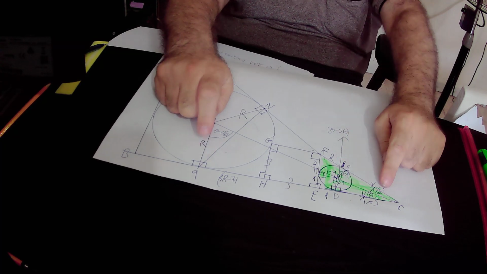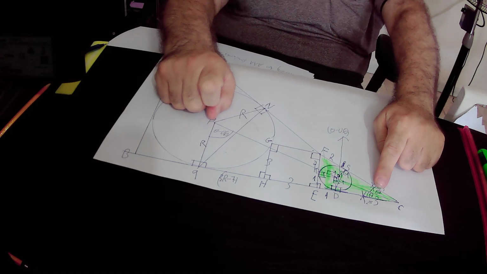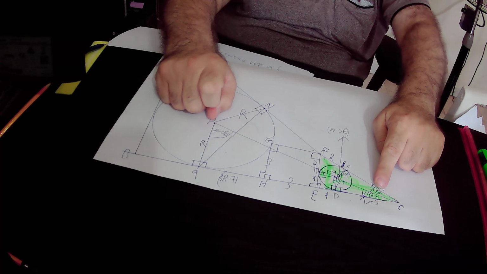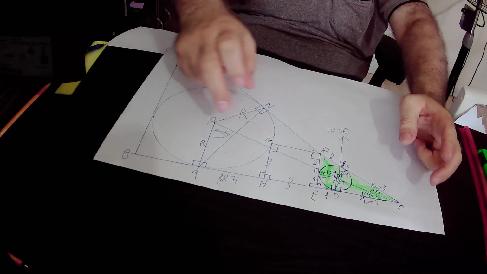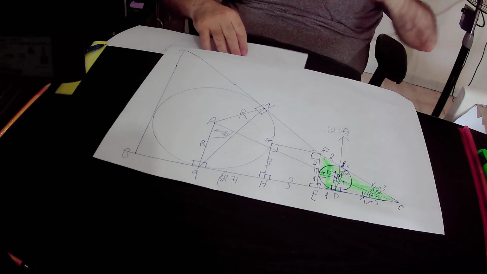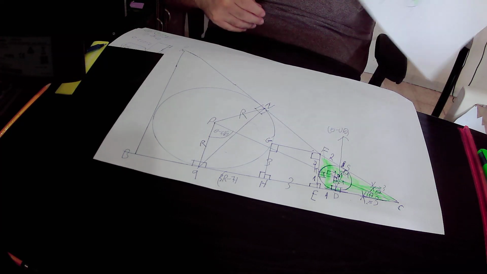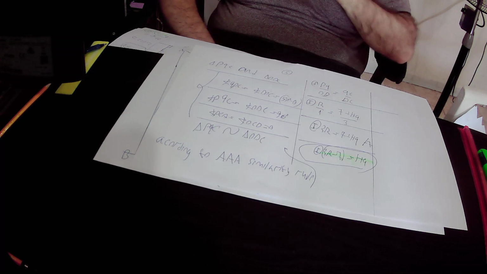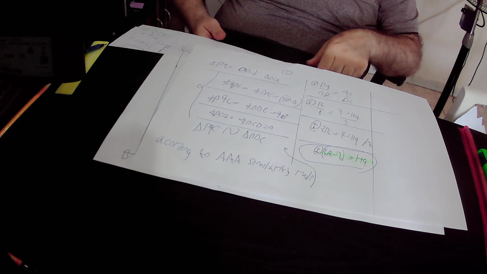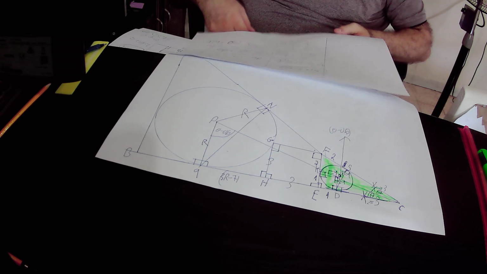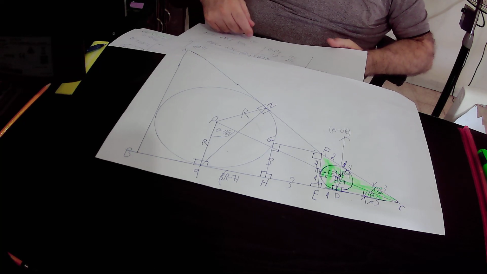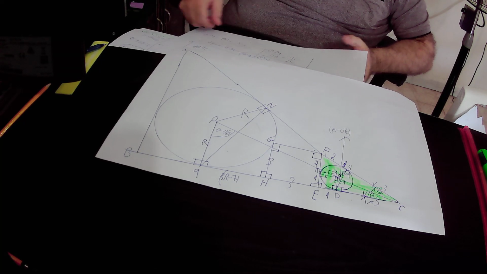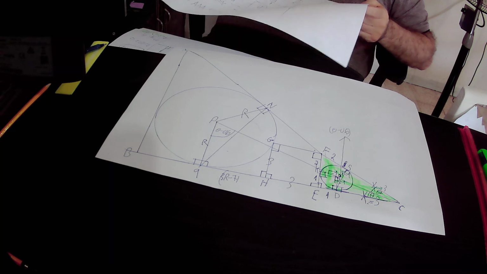And finally, angle theta is a common angle that belongs to both triangles. So we proved that those two triangles are similar to each other according to the angle similarity rule. And from the fact that those two triangles are similar, we will derive that the following relationship exists between their sides.